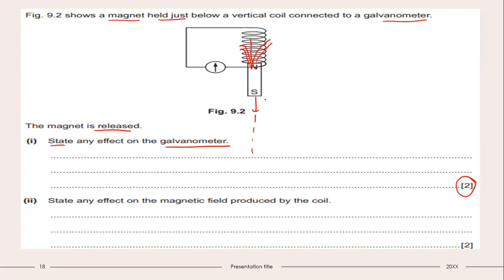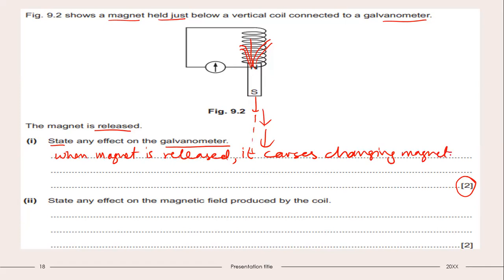But once the magnet is moving down, the changing magnetic field due to its movement is going to link the coil. As a result, current will be induced in it. So we say that when the magnet is released, it causes changing magnetic flux linking the coil.